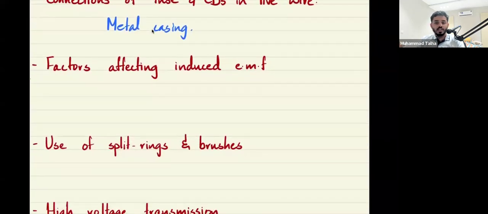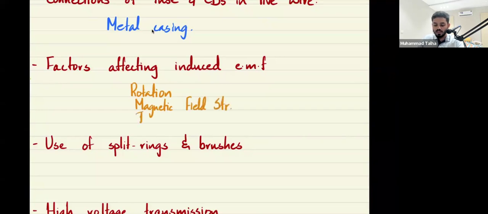Factors affecting the induced EMF of an AC generator and of anything in general. So if I'm talking about an AC generator, definitely the rate of rotation affects it, and the magnetic field strength, right?